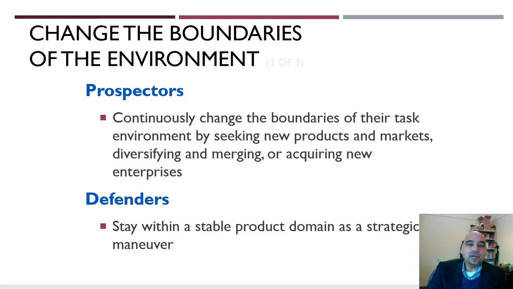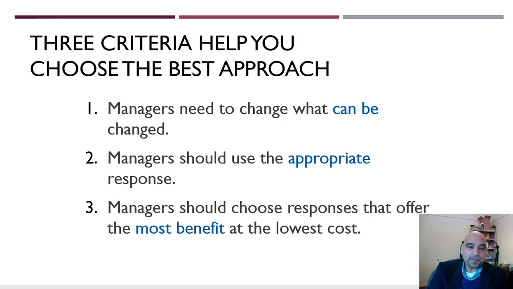So changing the boundaries in the environment means you've got to be a prospector, being aware of what new products and markets and mergers could possibly take back, and then you have to be a defender. Make sure that you are in a stable marketplace and that you've got the right change actions in place at the right time.